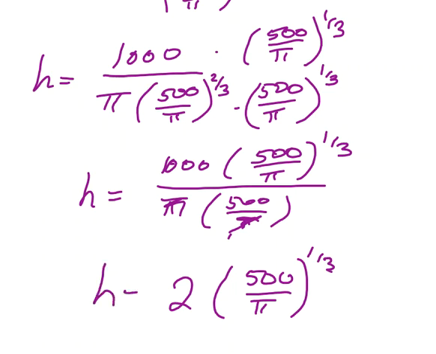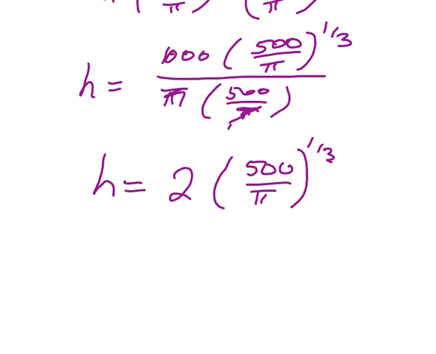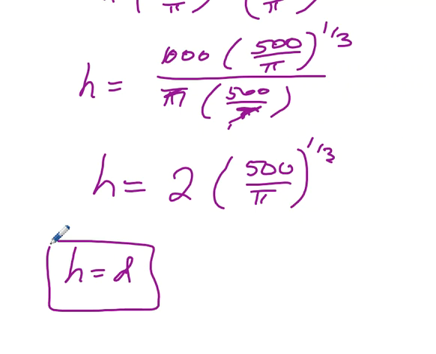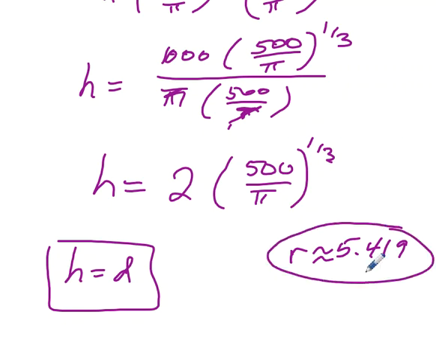So our height is equal to twice the radius, or our height and diameter are equal. Or, if you were wondering, that radius is about 5.419-ish, okay? Centimeters. Cool, huh?